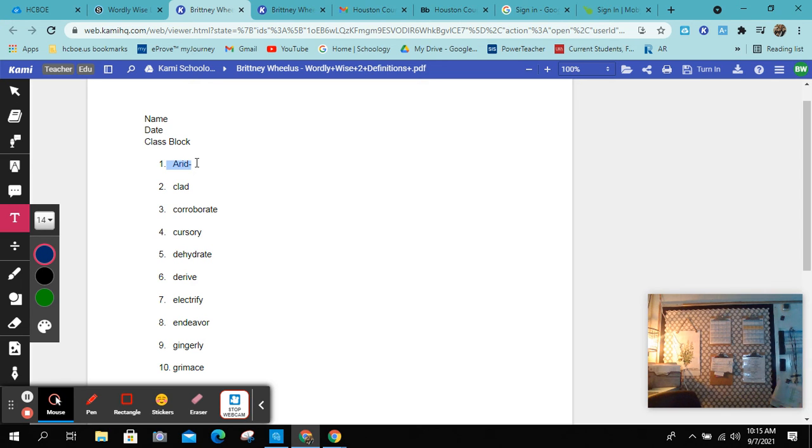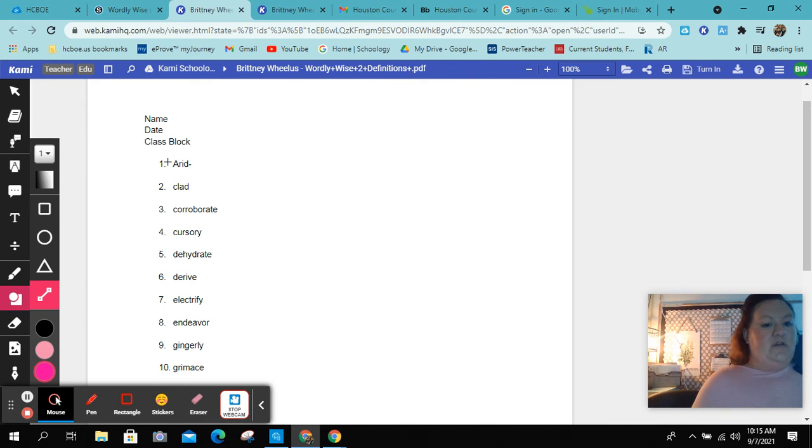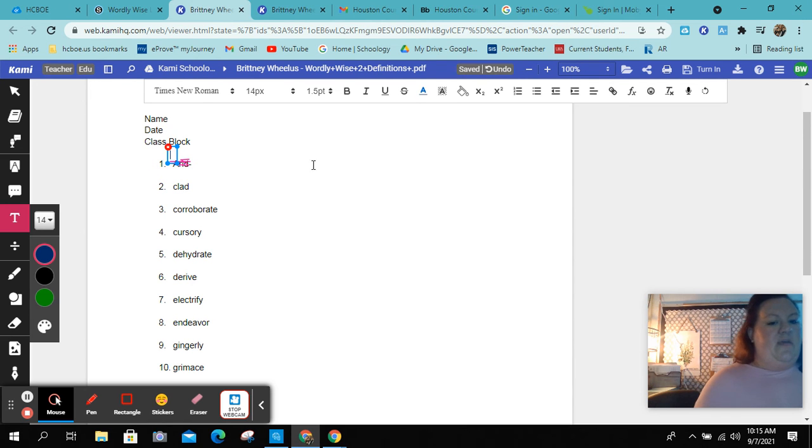Okay, so to mark out arid, you can go down here to the shapes and you can draw a line through it. All right, and then go back to your text box, and up above it or out beside it somewhere, just type in abrasion.